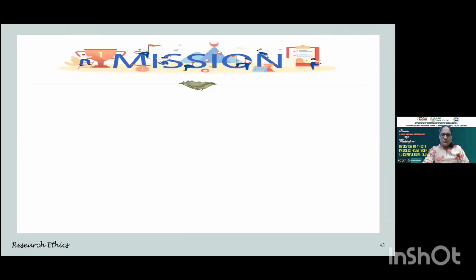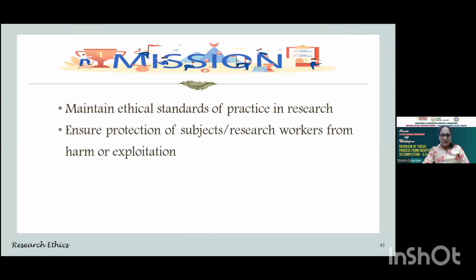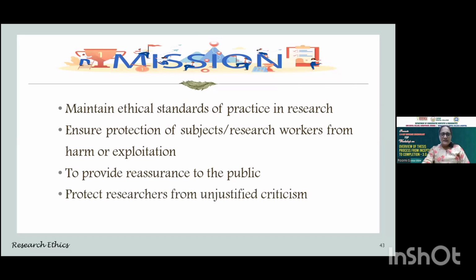So what are the objectives of an institutional ethical committee or institutional review board? Basically, they maintain ethical standards of practice in research. They ensure protection of subjects and research workers from harm or exploitation. They provide reassurance to the public. They protect researchers from unjustified criticism.